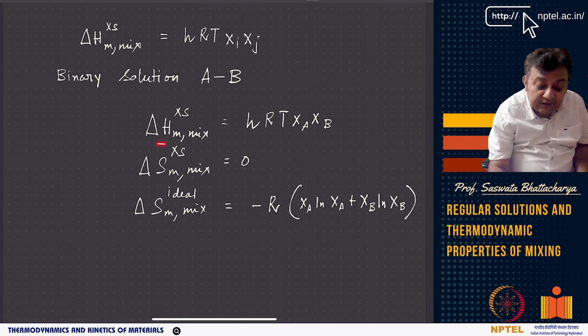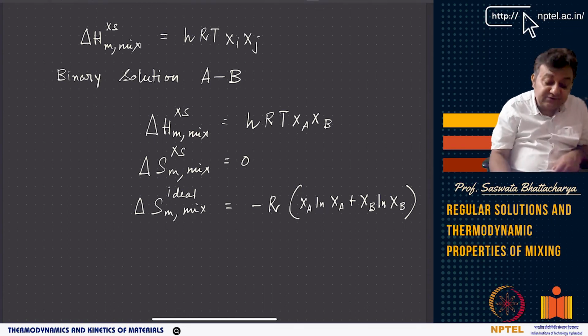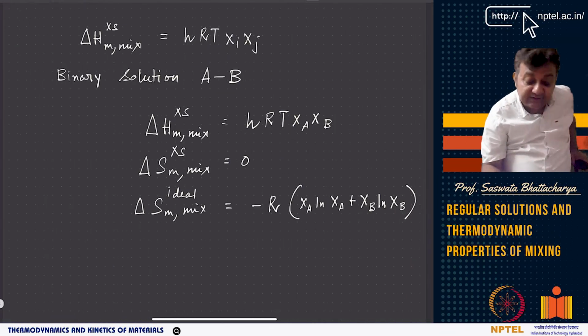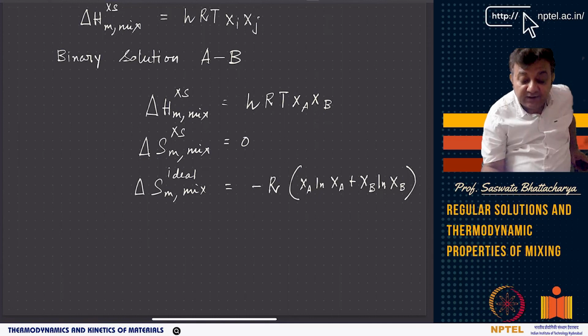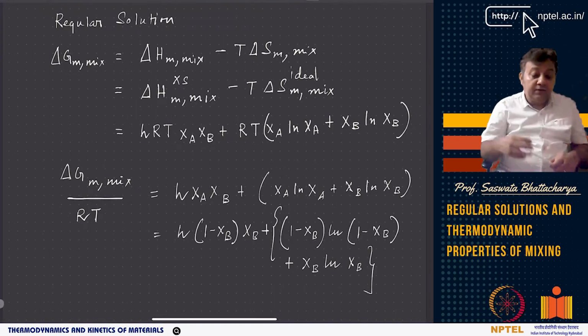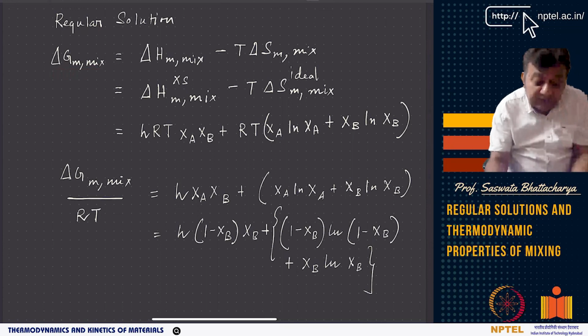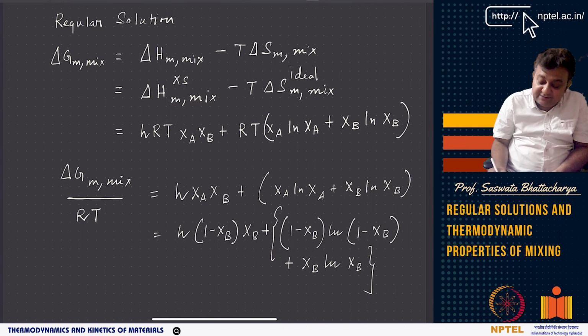ΔH_mix is already given as h RT xA xB, but ΔS_mix excess, as we saw in the previous slide, is 0, since ΔS_mix real is nothing but ΔS_mix ideal, which is minus R Σ xi ln xi. Now ΔG is nothing but ΔH minus TΔS. So ΔG_mix is ΔH_mix excess minus TΔS_mix ideal.